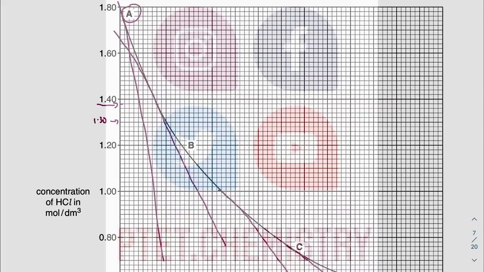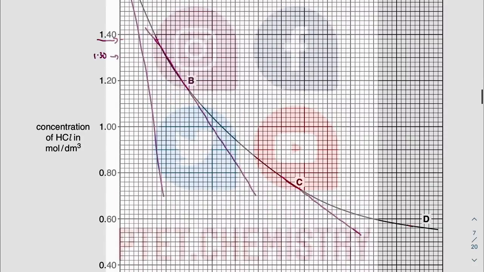I beg your pardon, they wanted a specific point, right? So you really should draw a tangent at B, such as this. C is there, and then D is very obvious. It's not steep at all.